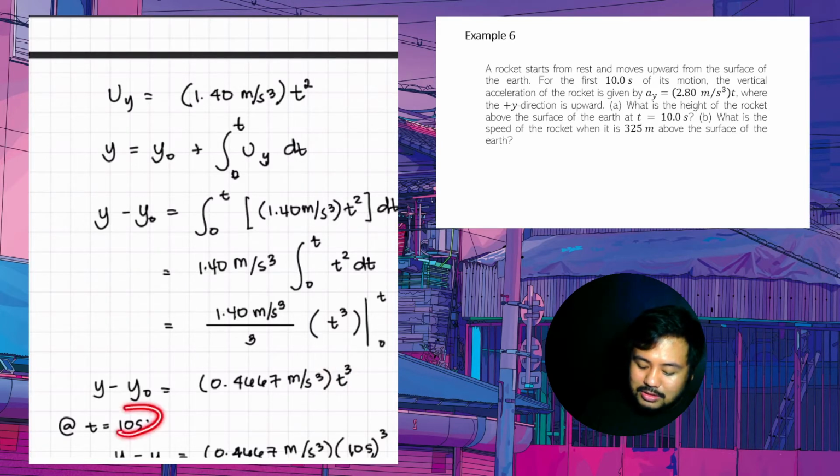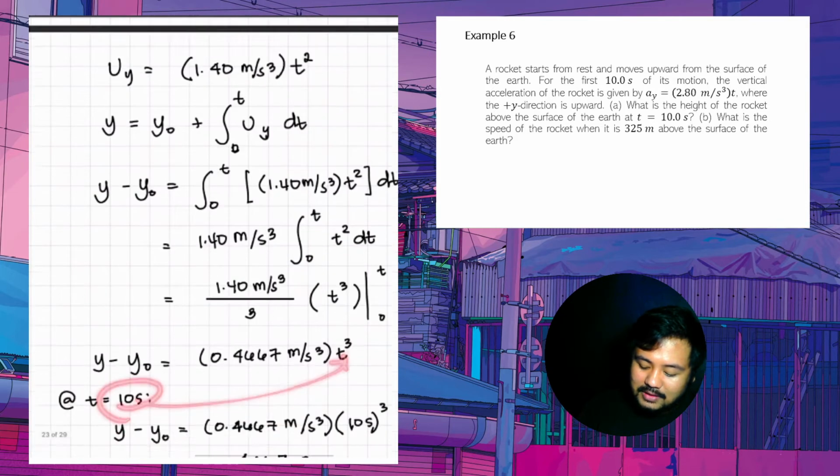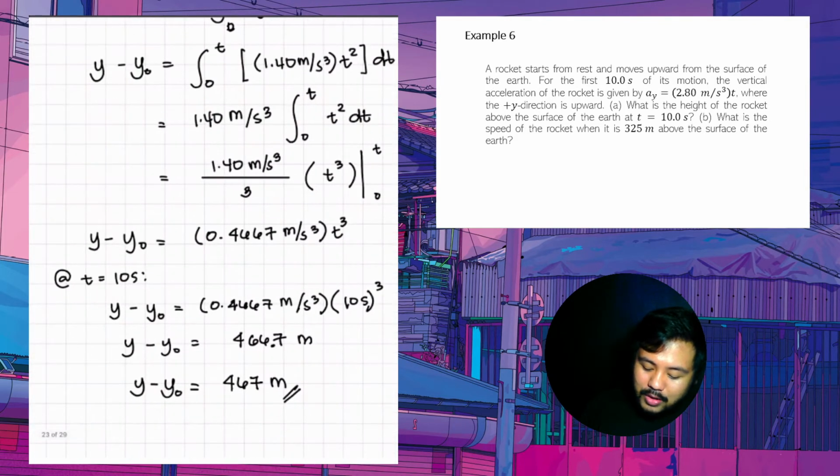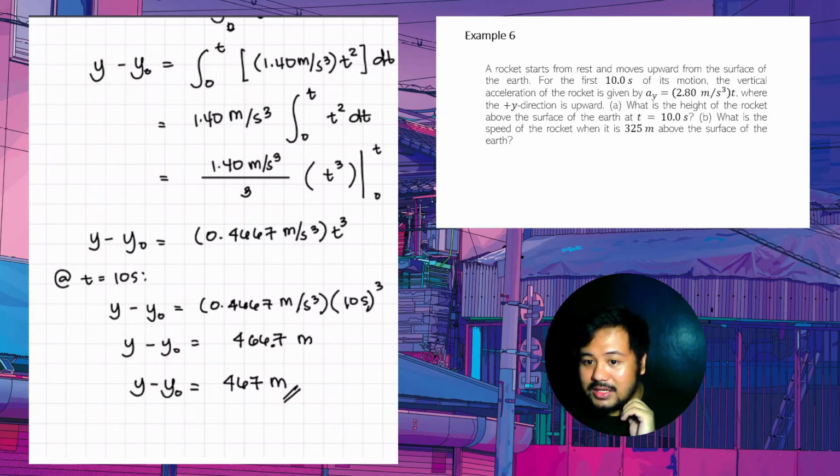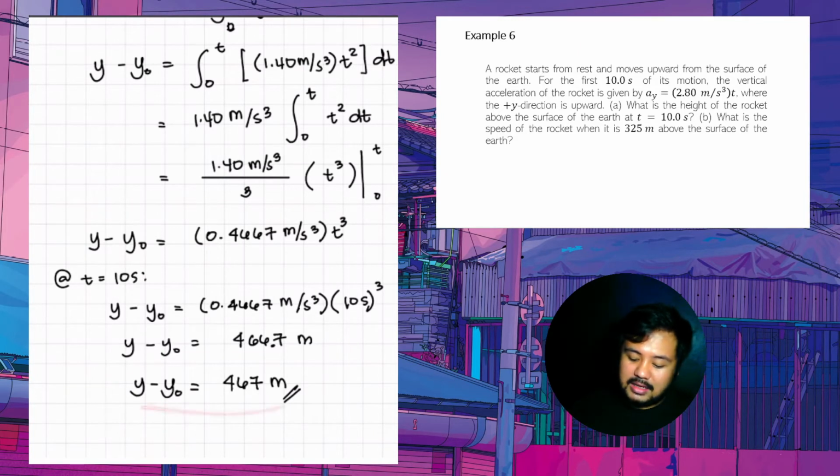So substitute 10 seconds here, we now have the answer, that is y minus yo equal to 467 meters. Again, evaluating the given, we have at least 3 significant figures. So my answer should be expressed in 3 significant figures. That's why I have 467 meters.